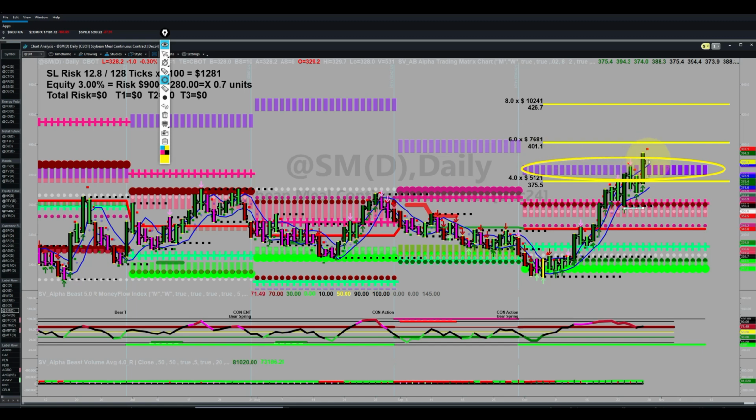Or if you have multiple contracts, if you have 2 contracts, I would take profits on one right here, and I would leave the stop loss on the second one down here. So let's see where the market ends up in a couple of days.